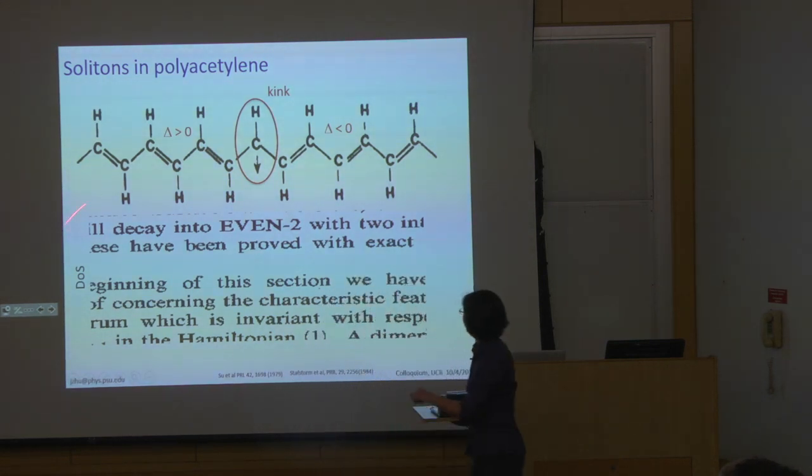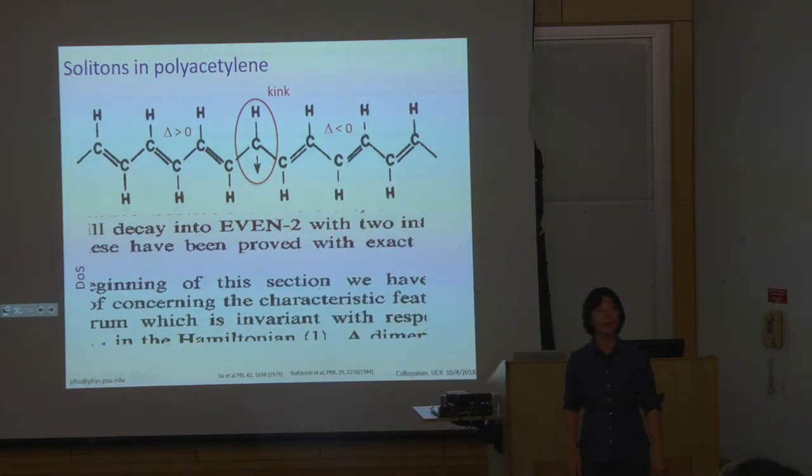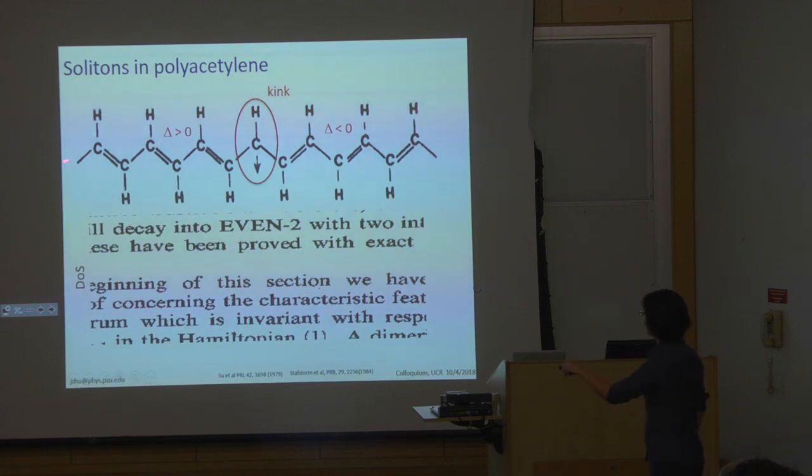But there's a polymer chain called polyacetylene, right, where this alternation of single and double bonds opens the band gap. And if you watch this, single, double, single, single, double, single, double, can you see? You see there is a sort of a phase slip across this point over here. Okay?